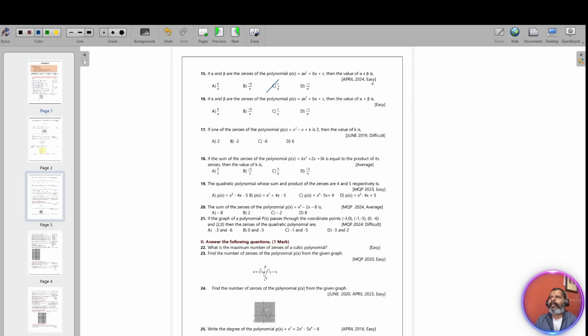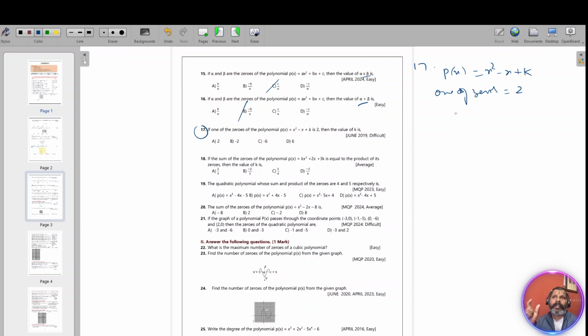17th one is important question, mark it as important. For the given polynomial, one of the zeros is given. Just write the polynomial here, x square minus x plus k. One of the zeros is equal to 2.